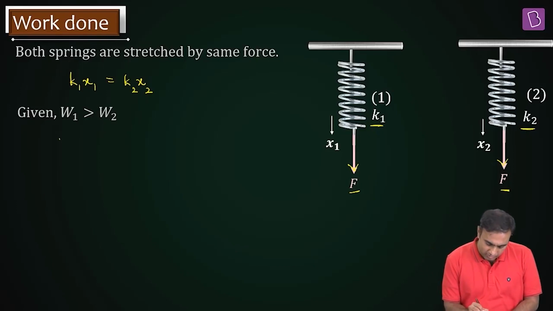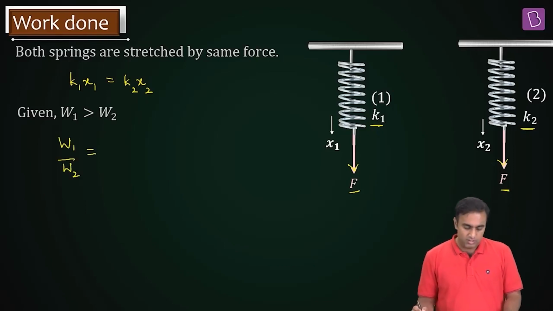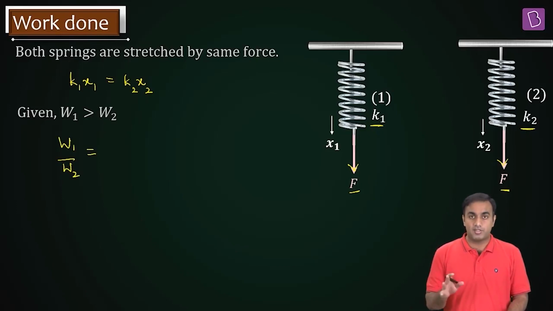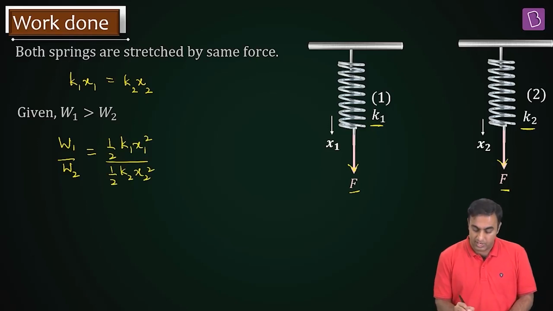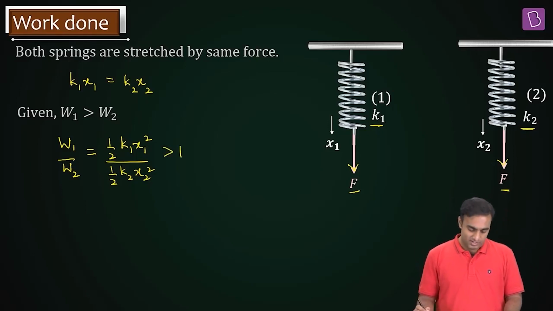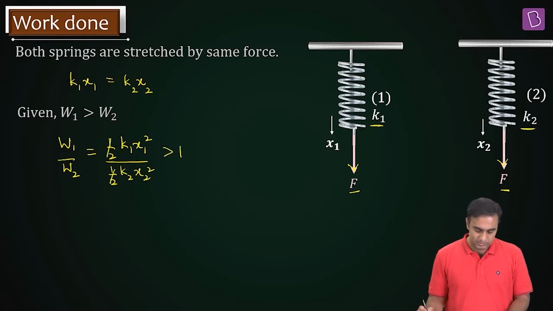Then we can write W1 by W2 to be, what is work done on a spring, by the way? Half k x squared. And in the first spring's case, it will be half K1 x1 squared. And in the second case, half K2 x2 squared. And we know that this is greater than 1. Half and half can be cancelled.